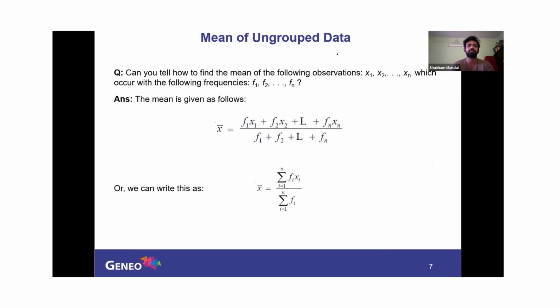Any doubts in this? If all of you have understood the formula on this page, please raise your hands. Otherwise, I'll explain again. See, otherwise I will not understand whether you're understanding or not.